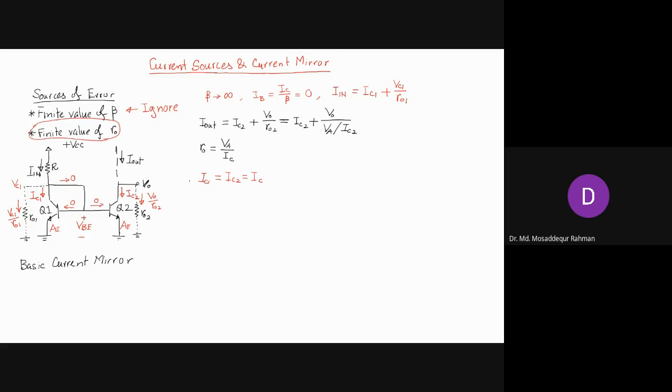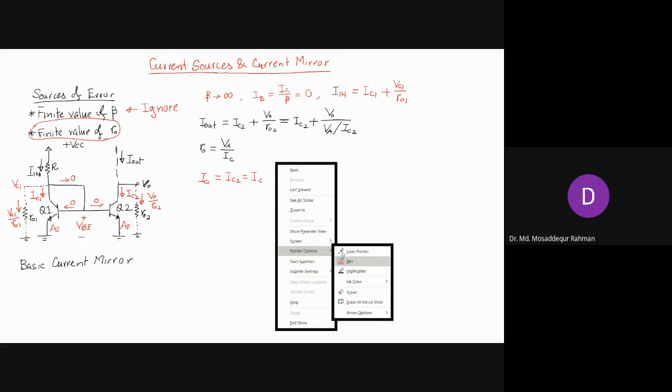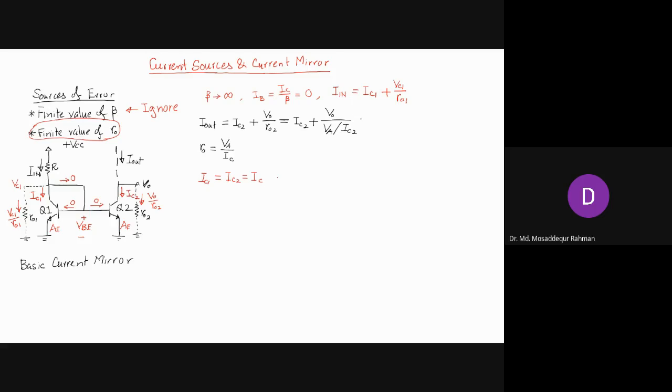Substituting, this expression becomes IC plus V naught by VA.